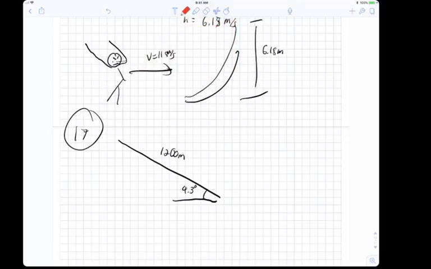So the gravitational potential energy is going to depend on how high that is, what the vertical change is. So I need to use trigonometry to find delta y. 1200 times sine of 4.3.